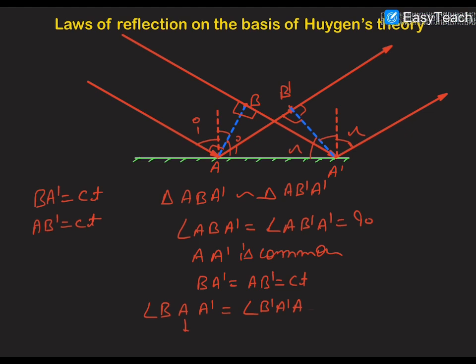This angle is I and this angle is R. So we can say that angle I will be equal to angle R, and this is the proof of the laws of reflection. And obviously they will be in the same plane, because when the waves are reflected, the plane will not change. So the normal, the incident ray and the reflected ray will be in the same plane. So this is the proof of the law of reflection on the basis of Huygens theory.